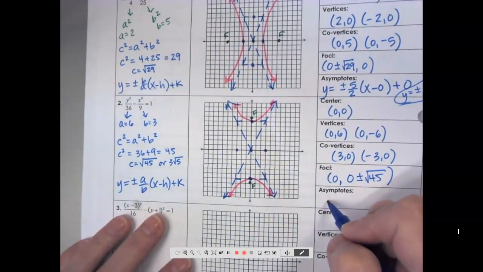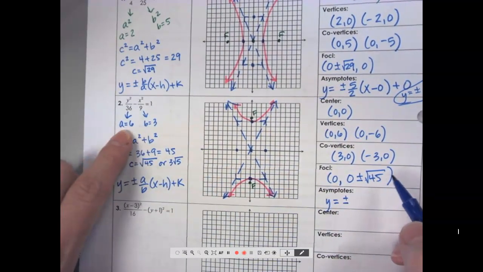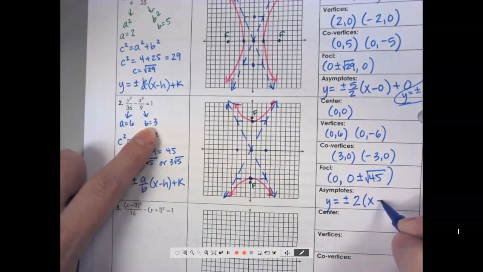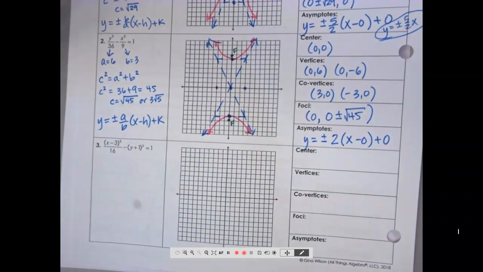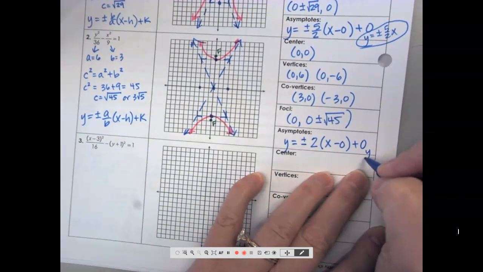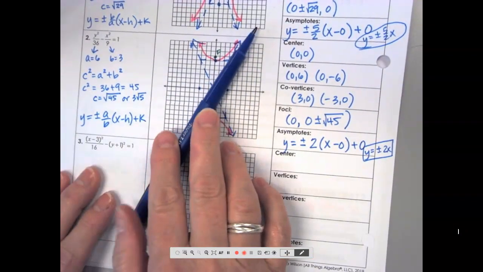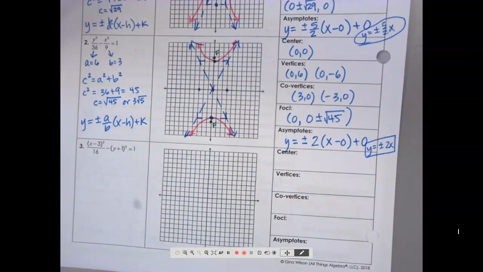All right, so let's put that over here. Y equals plus or minus 6 over 3, which is 2 times x minus h plus k. Or just y equals plus or minus 2x. So you have the positive 2x for the slope that's positive, negative 2x for the slope that's negative.